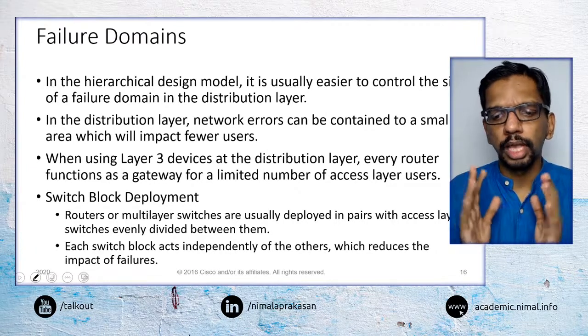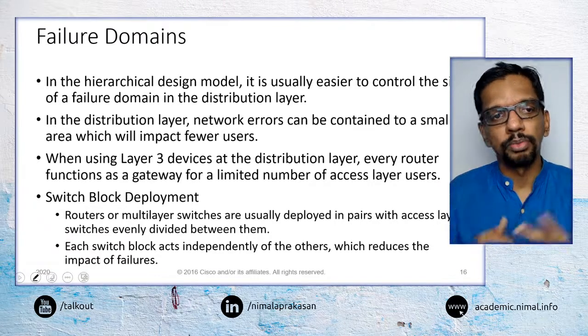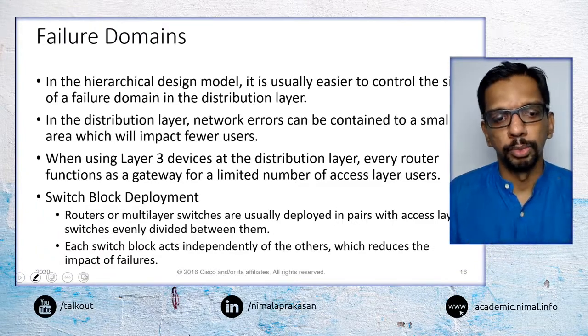So that is one of the main things that we would do in terms of achieving smaller failure domains.